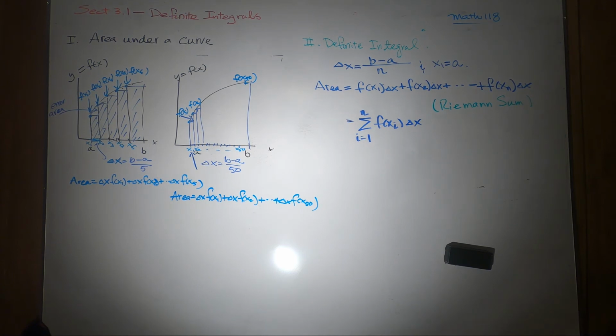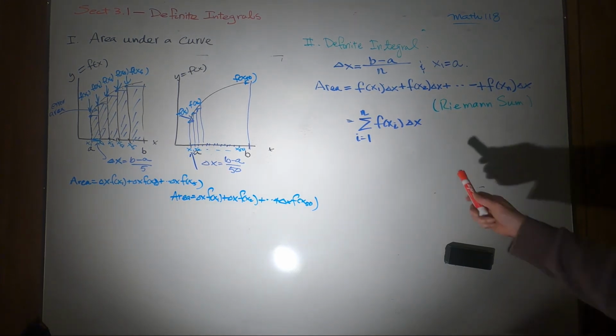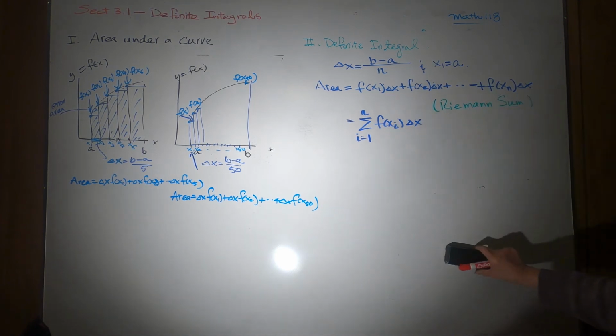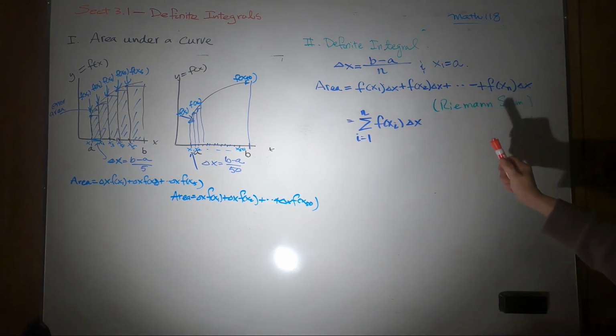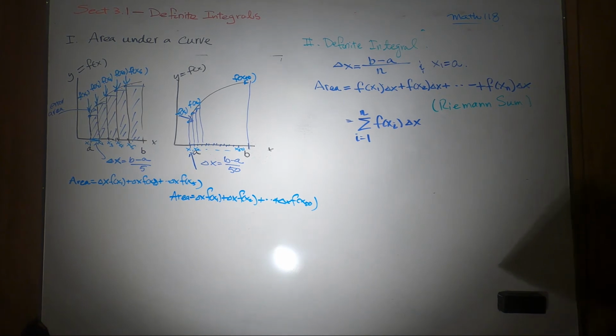That's how we started calculating the area under a curve. All right. So you don't have to worry about those symbols. We just wanted to talk about where they are from. Okay. Then that's how we approximate the area, by using the Riemann sum.